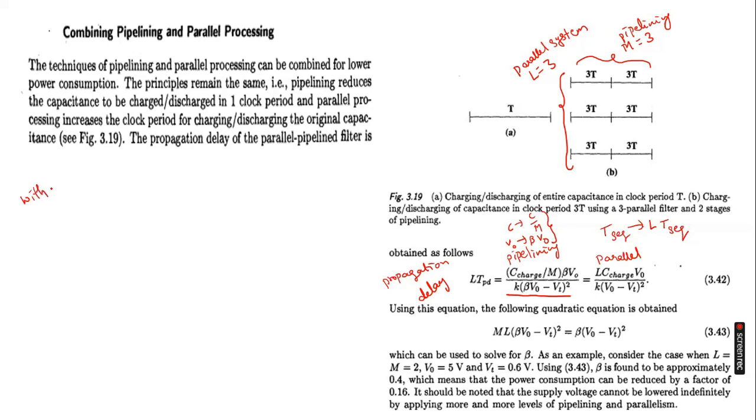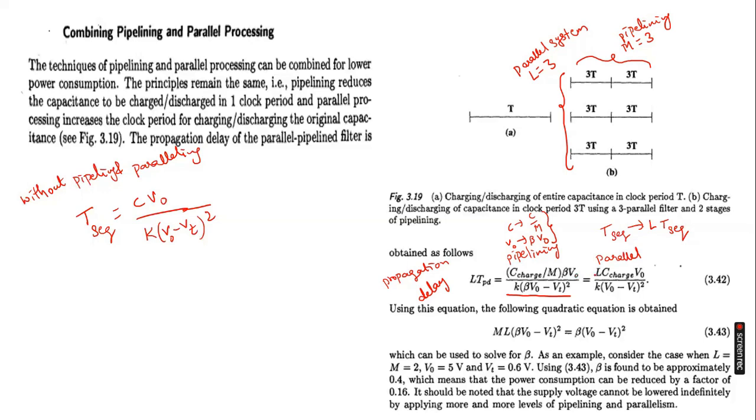okay, so without pipelining and parallel processing, the propagation delay is C into V naught divided by K into V naught minus Vt whole square. Okay. You equate the RHS. And here when you cross multiply, M and L will go together.